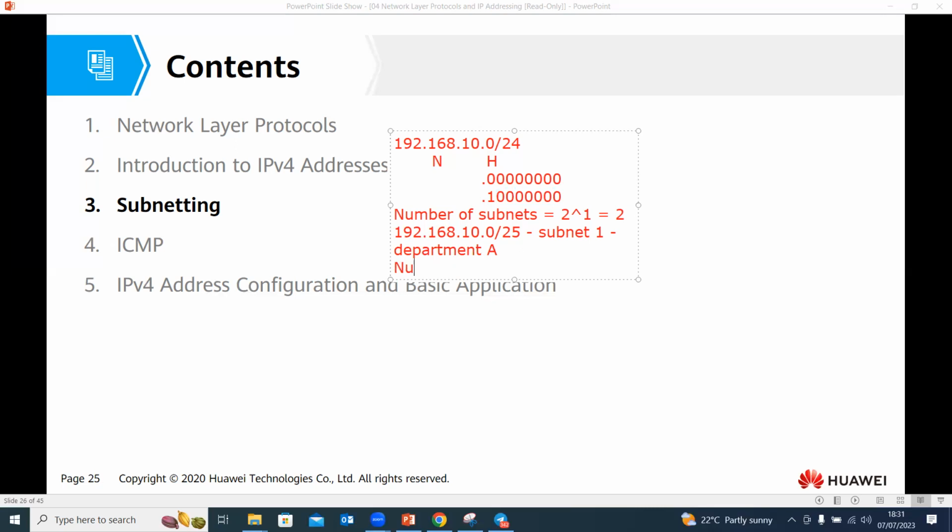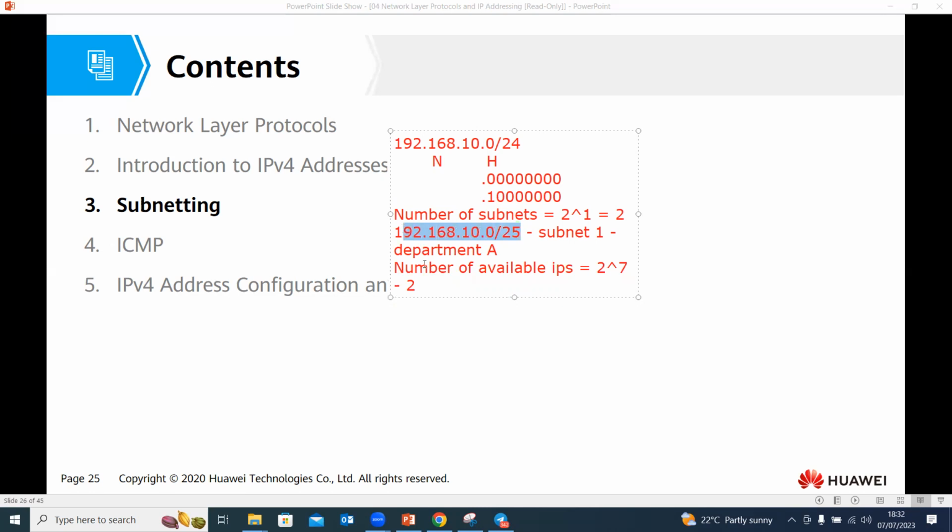Now, the number of available IPs for this particular subnet will be 2 power 7. Remember the minus 2, because in each subnet, in each network, we shall always have a network address, which is in this case, this one itself.